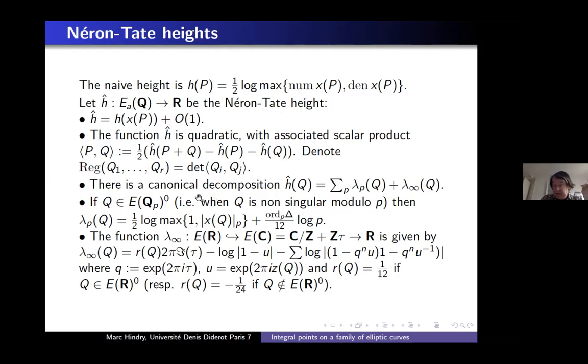There is also a canonical decomposition into local heights. I will give formulas. I don't expect you to read all the formulas, but the idea is that those local terms are fairly explicit. One of them is not too difficult to understand. It's a formula for the local height at a prime number p.